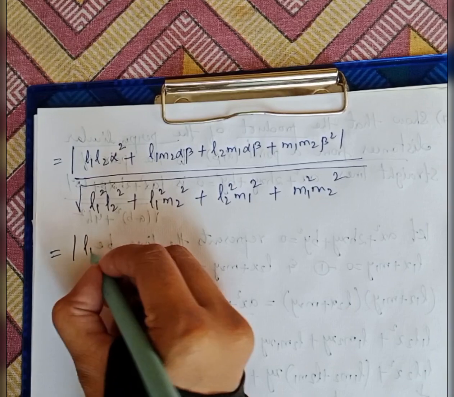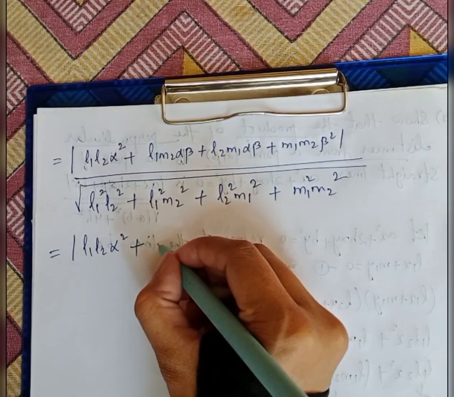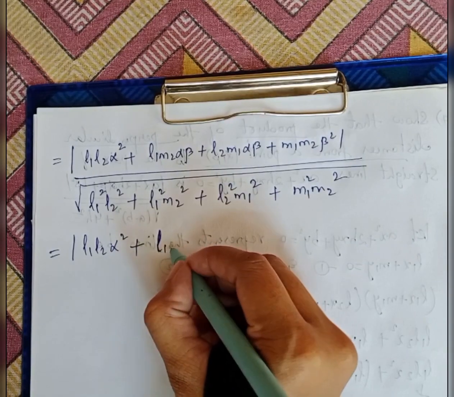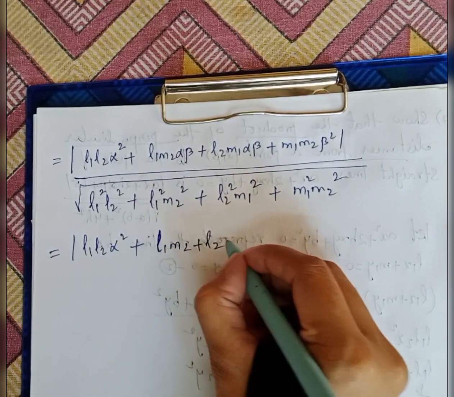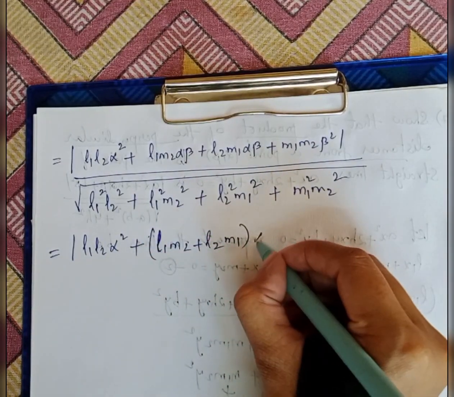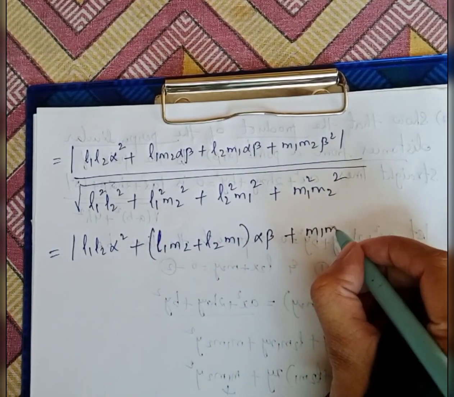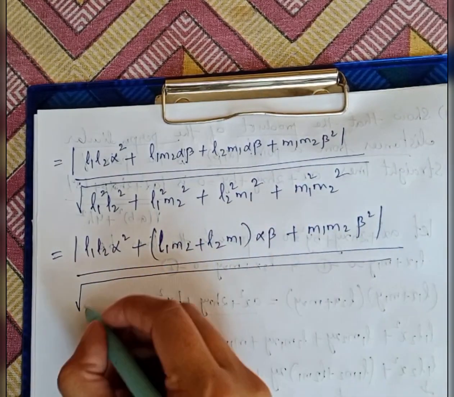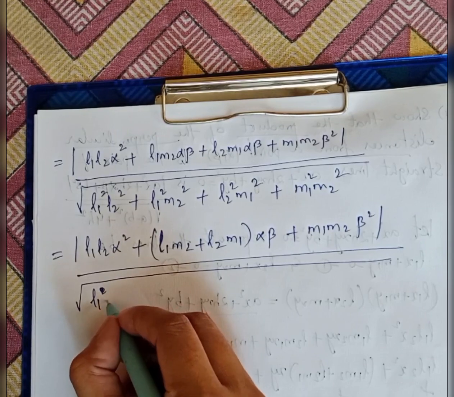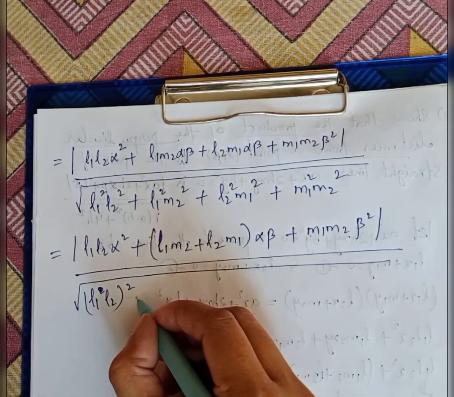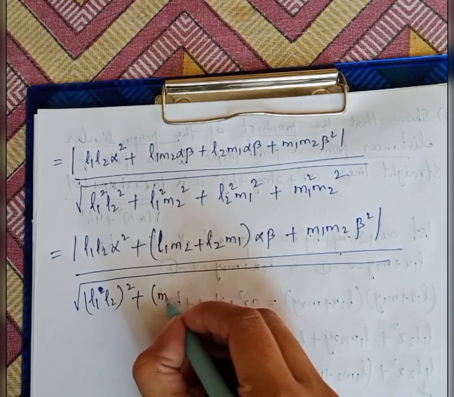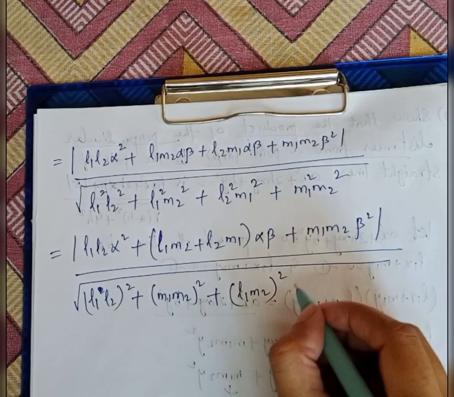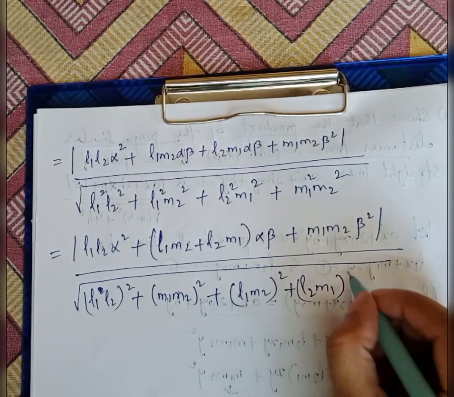The numerator is the same: |L1 L2 alpha² + (L1 M2 + L2 M1) alpha beta + M1 M2 beta²| by root of (L1 L2)², plus, writing this term first, (M1 M2)² + L1² M2² + L2² M1².